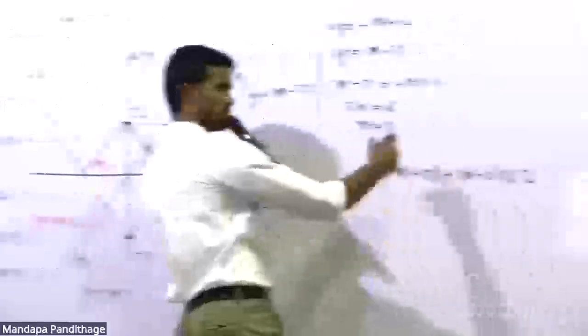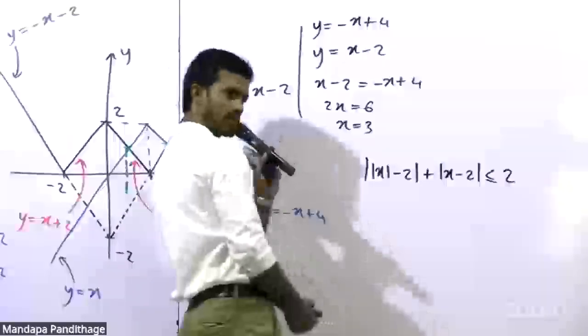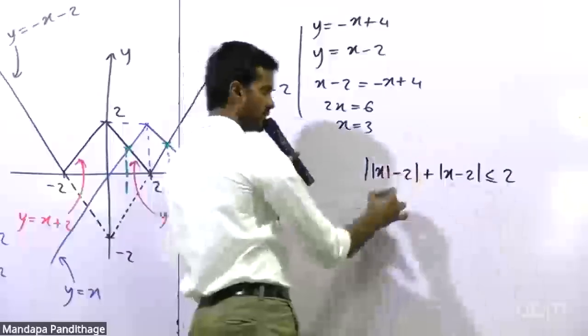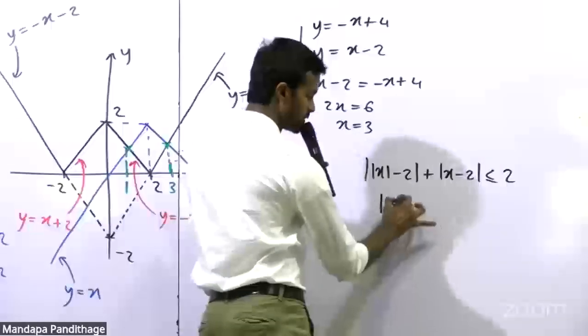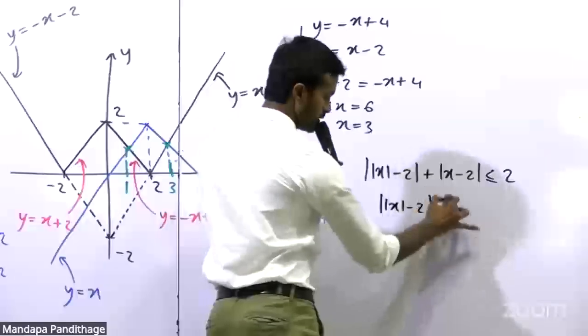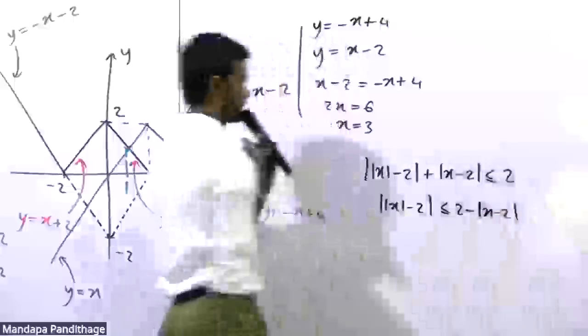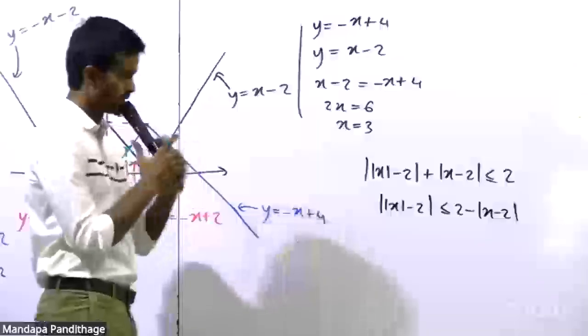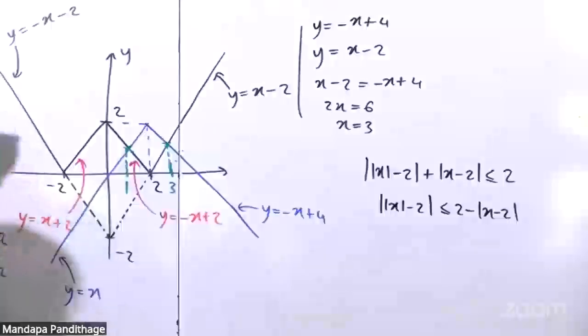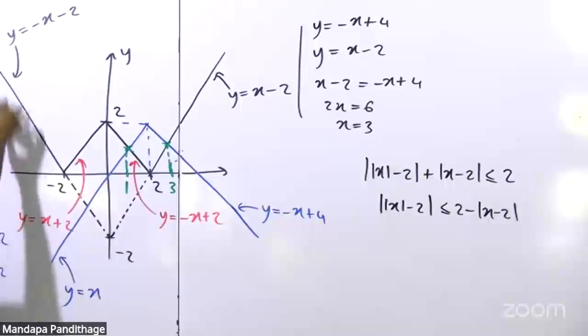And I told you, you have to rearrange the inequality such that you have the two functions that you have sketched on either side of the inequality. So this is one function, this modulus this. So the blue colored one should be greater. Here it's clear the black colored one is greater.